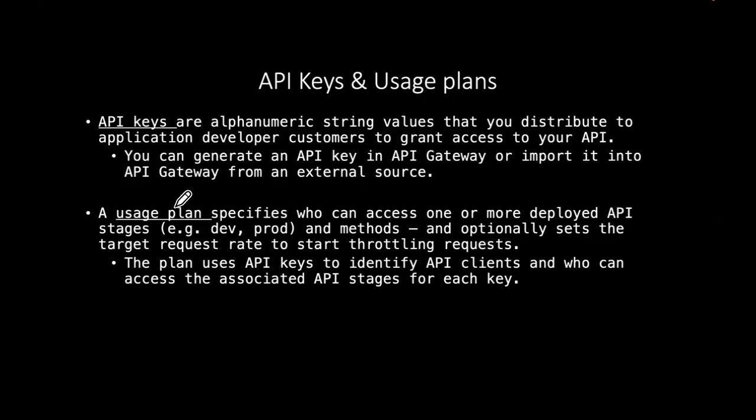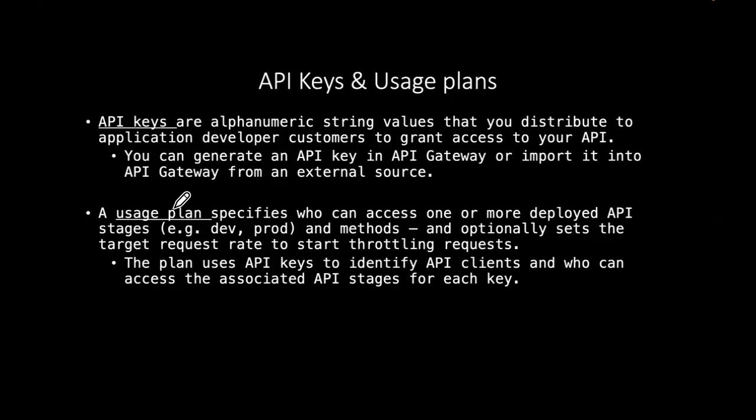You can also configure rate limits in your usage plan. So you might want to limit the number of requests that you're allowing your user to send to your web API over a particular period of time.